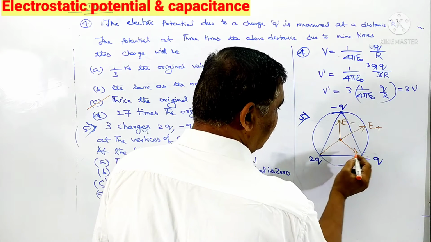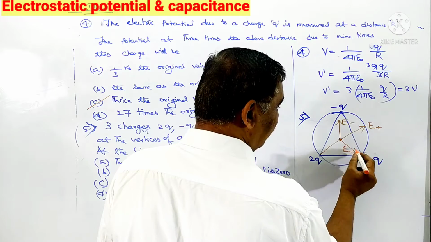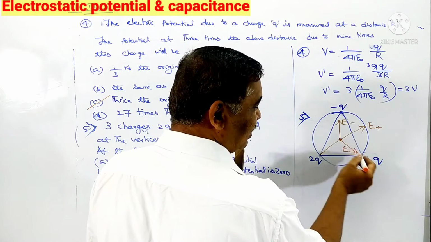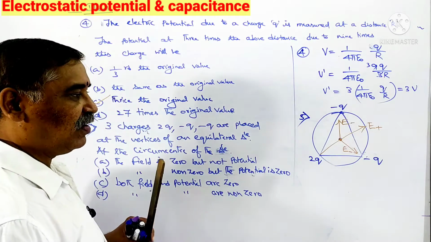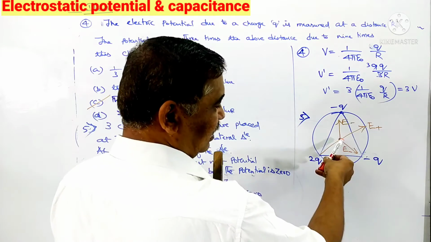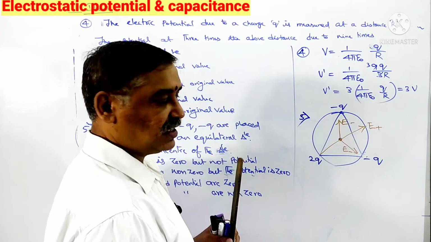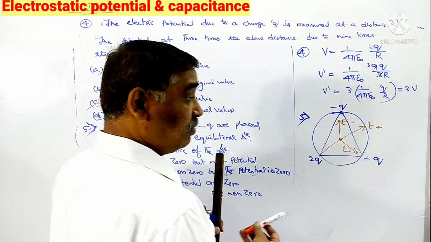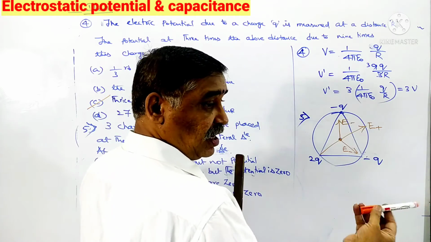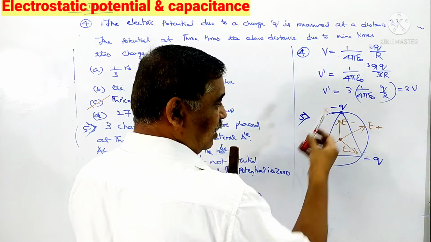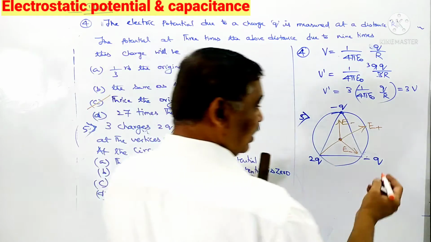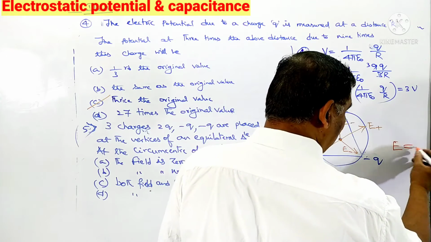This is the direction of E minus. So E cannot be 0 because we have 3 vectors of different magnitudes. If you find the resultant, the resultant electric field E cannot be 0.